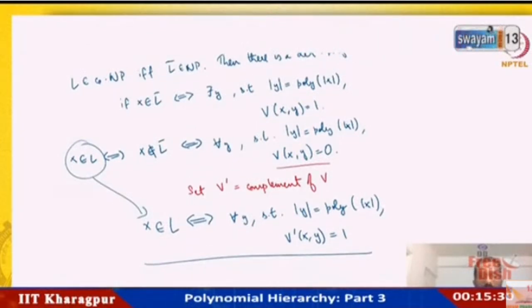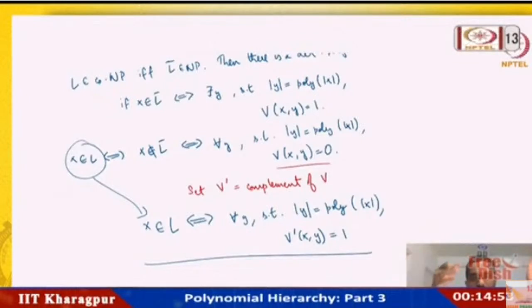Satisfiability is like, does there exist a satisfying assignment? Tautology is, so if the formula is not satisfiable, then whatever you plug in, everything evaluates to false. Now if I complement the formula, I will get a new formula such that if the original was not satisfiable, the new formula will always be satisfied.